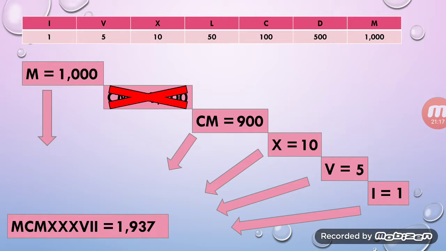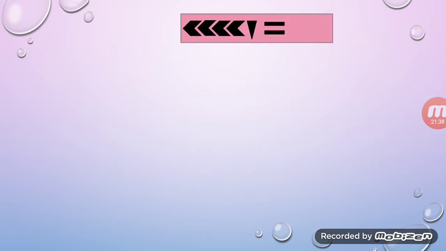So MCM is the 1,900. The three X's are 10s, so they're going to be 30. The V is 5, and the two I's are 2 combined, 1,937. Moving on to our third numeral system, we leave the Romans for the Babylonians.